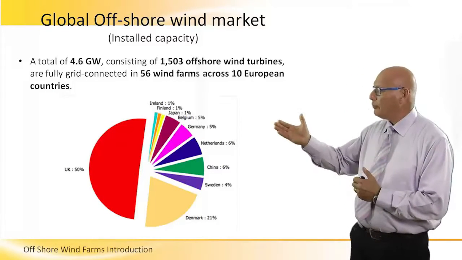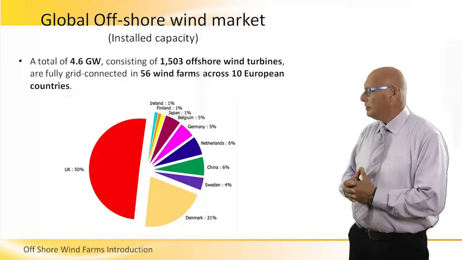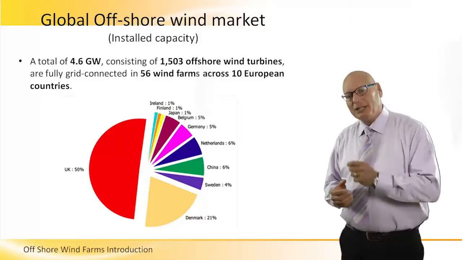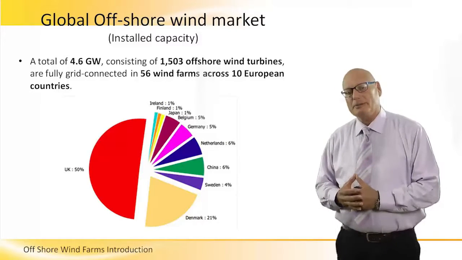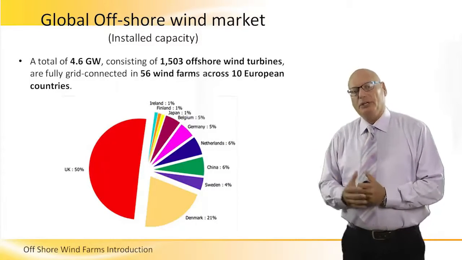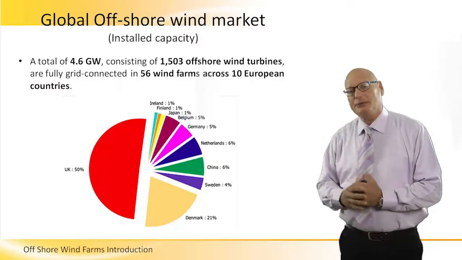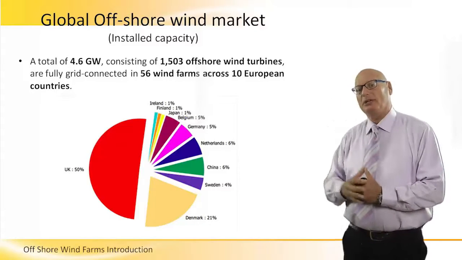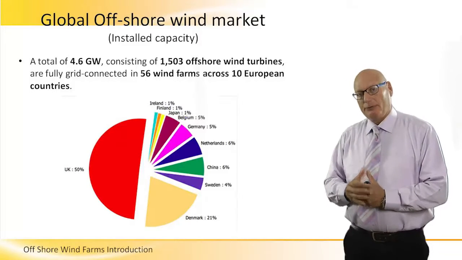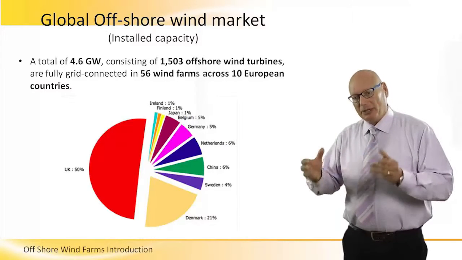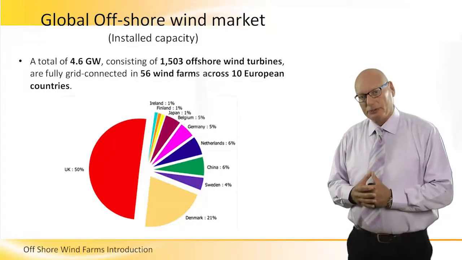A total of 4.6 gigawatts are basically being produced by more than 1,500 offshore wind turbines. They are all fully grid connected in 56 different wind farms across 10 European countries. 4.6 gigawatts are being produced by 10 countries in Europe.